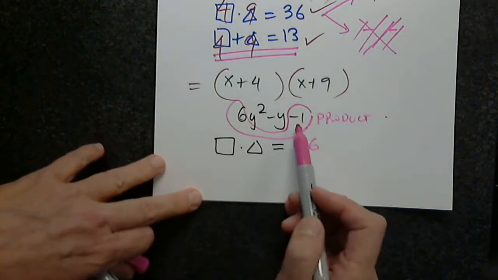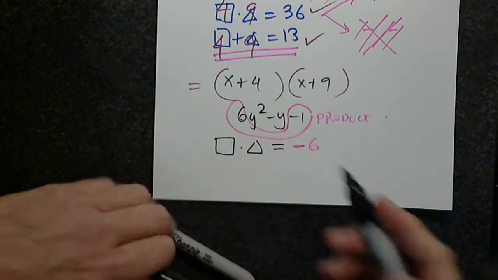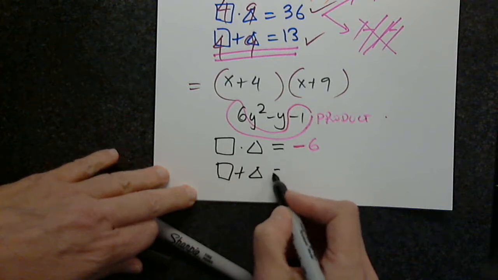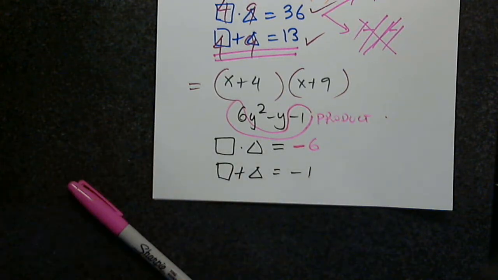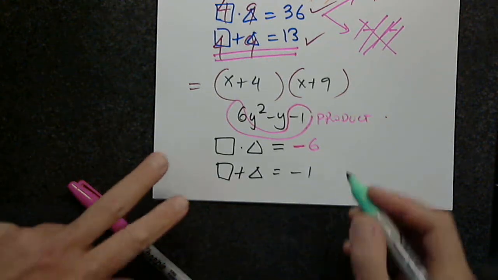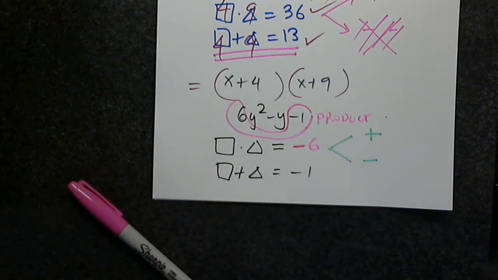But here, negative 1 times 6 is negative 6. The sum does not change. Remember, we always start with the product. The product is a negative number, so I'm expecting a positive and a negative, because I cannot multiply 2 negatives or 2 positives to get a negative number.